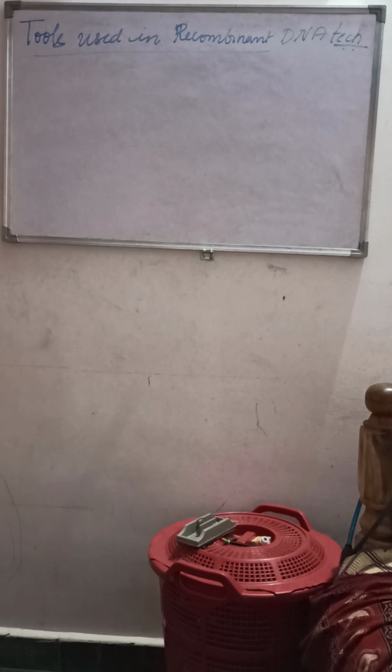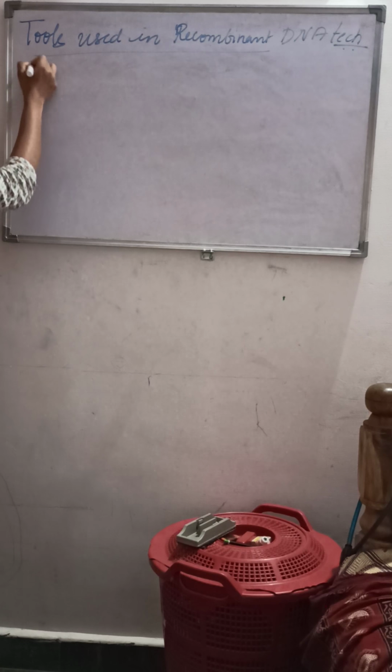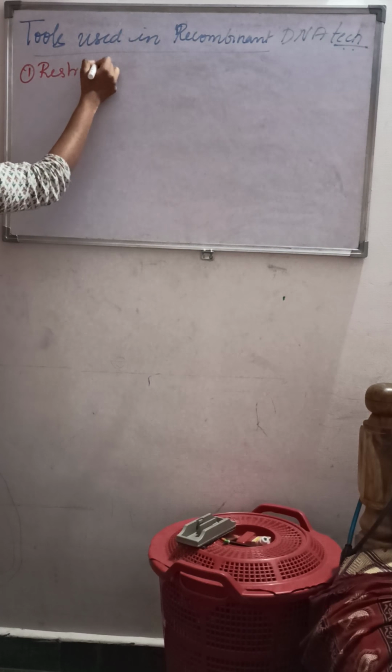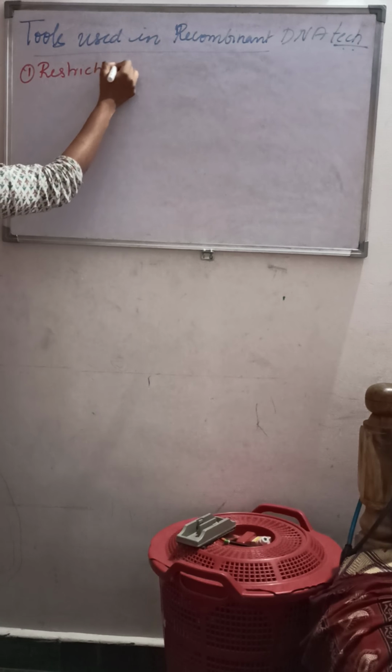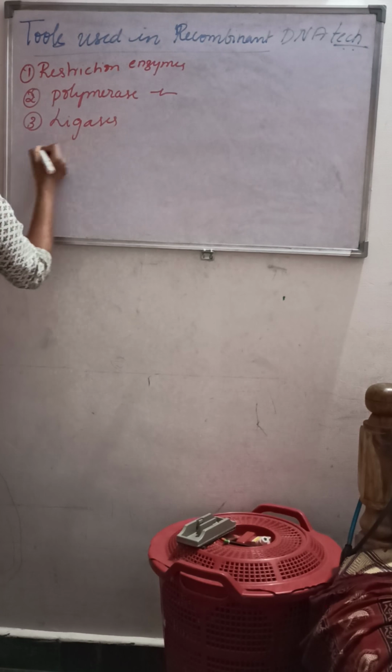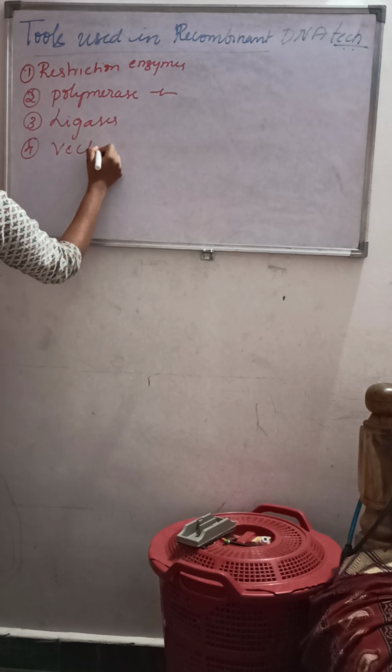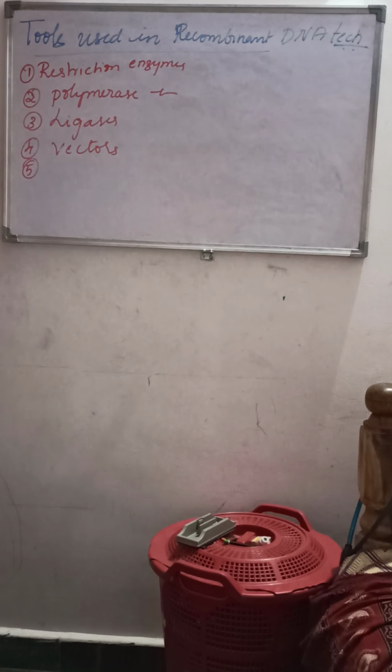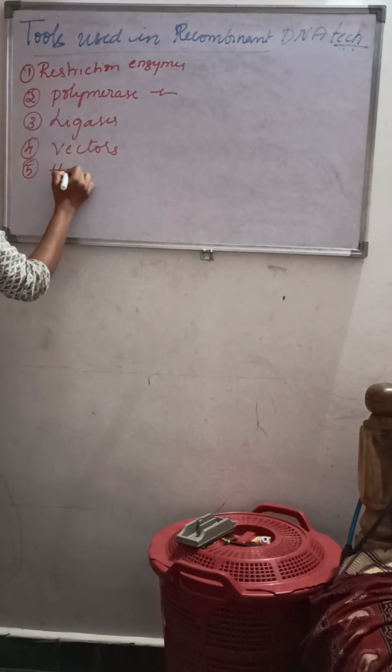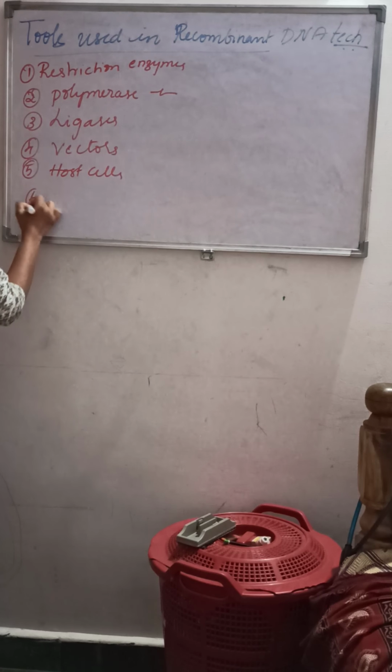The first one is restriction enzyme. The second is polymerase enzyme. The third is ligase. The fourth is vectors. The fifth is host cells, and the sixth is bioreactor.